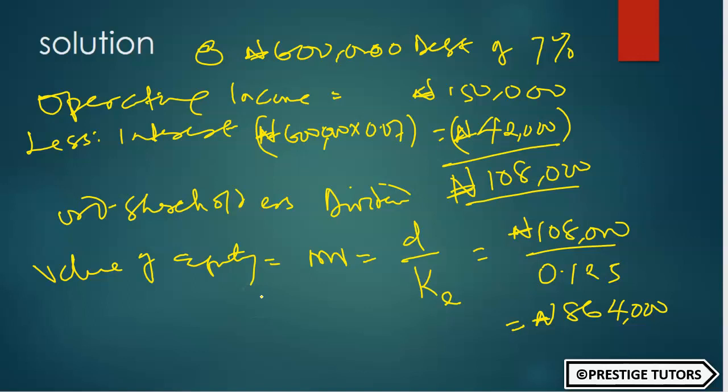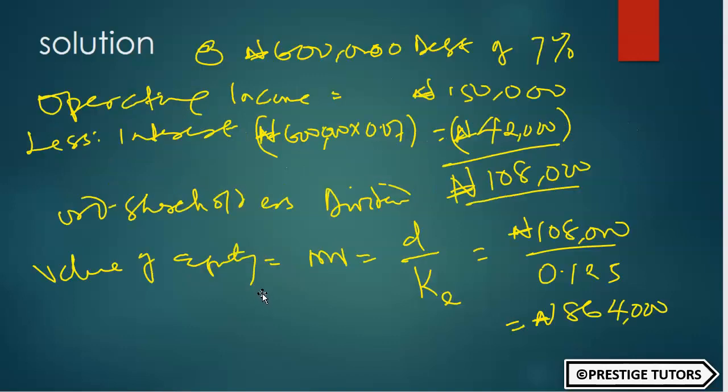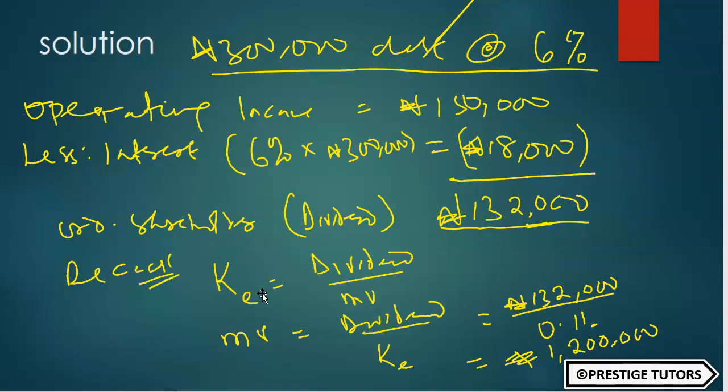dropped. Earlier, we had value of equity to be 1.2 million at no debt. Now, what do we have for the second one? Well, we took 300,000 naira debt, and we have 1.2 million as the value of equity.